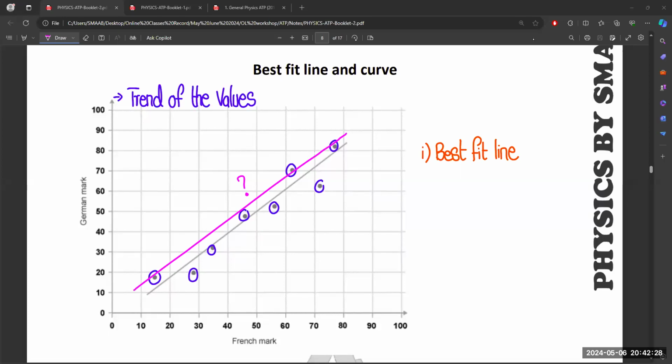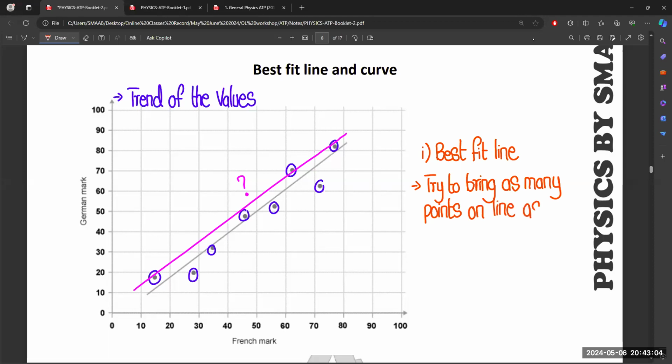Okay, so basically what we have to follow in the best fit line is to try to get as many points online as possible.